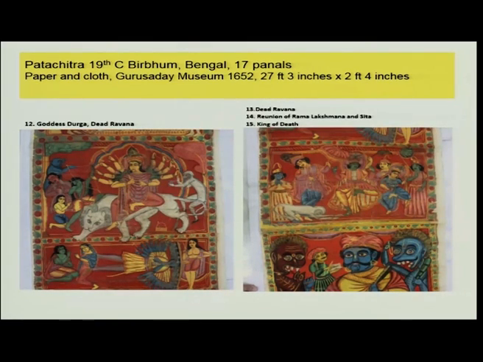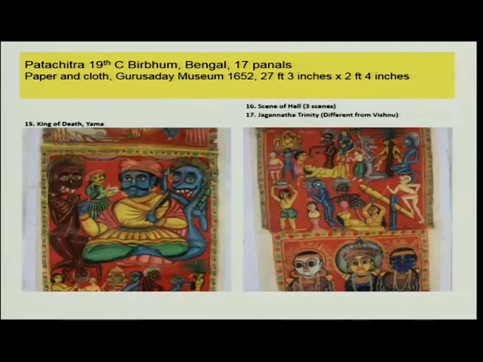Dead Ravana, reunion of Rama, Lakshmana and Sita, king of death. The continuation of the 14th section, the king of death, Yama.